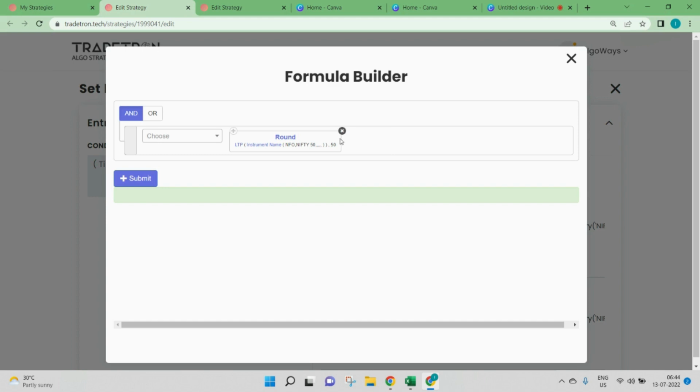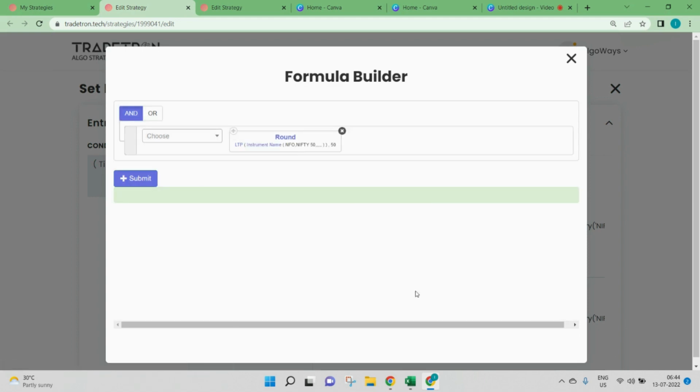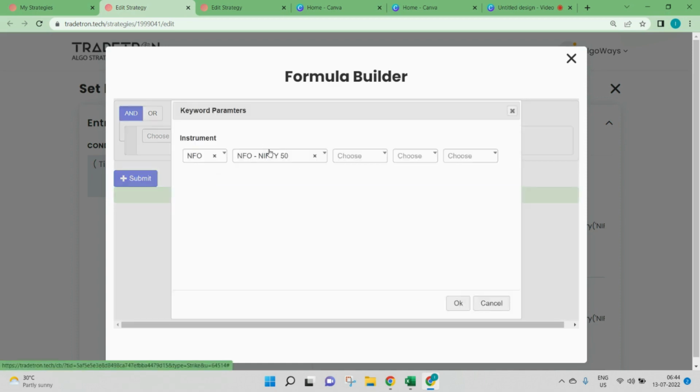So I generally prefer to go with the spot price of Bank Nifty for selection of strikes. So we'll do round LTP base 50. 50 is the base at which we have the strikes available, and then NF for Nifty 50. We don't choose any weekly here, otherwise it will again become future basis.